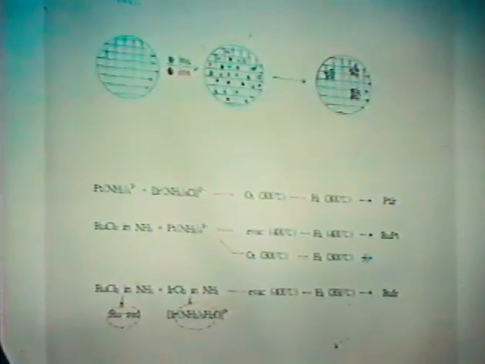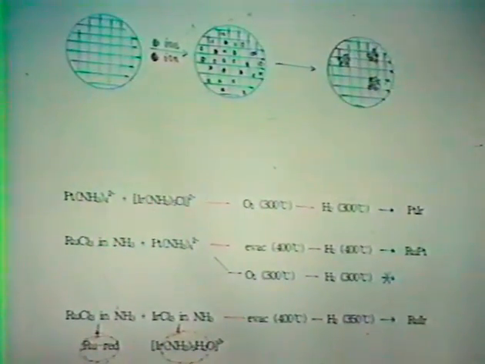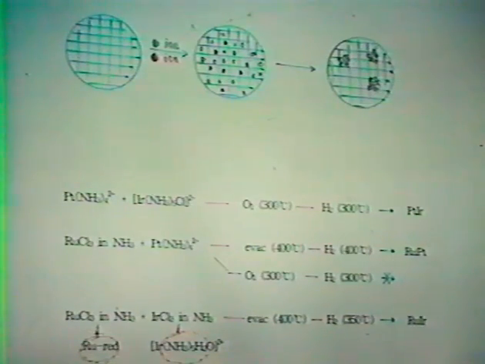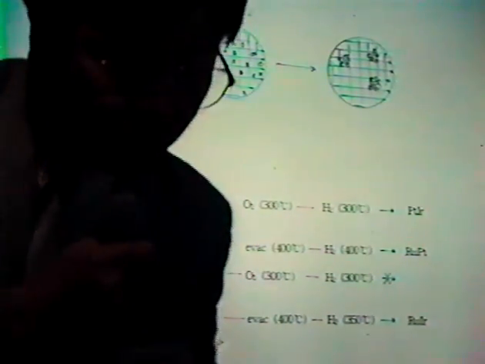So we need to choose a proper condition for this simultaneous ion exchange. For stepwise ion exchange, it's very simple. We can prepare any of these metal clusters first, and then we ion exchange the second one, and we directly reduce with flowing hydrogen.